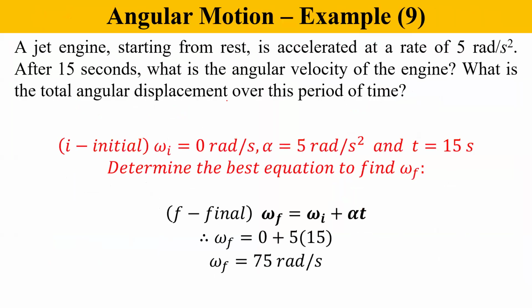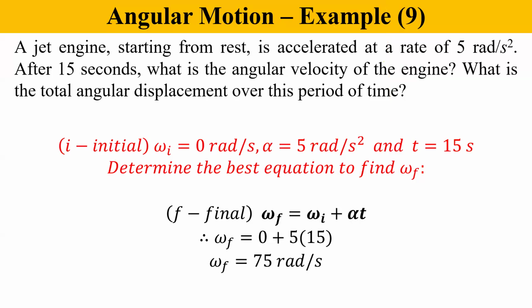Let's run along. So here we say a jet engine starting from rest, still angular motion, is accelerated at a rate of 5 rad per second squared. After 15 seconds, what is the angular velocity of the engine?